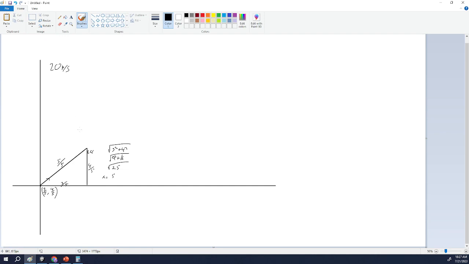That's his speed. We simply multiply it by our unit vector. So it's 20 times 3 over 5 and 4 over 5. He will end up at 12, 16.